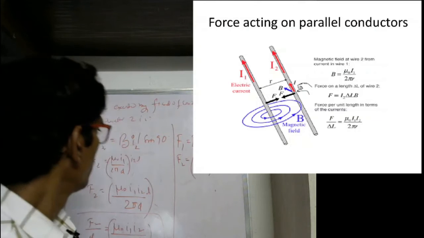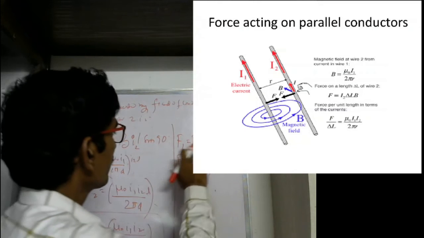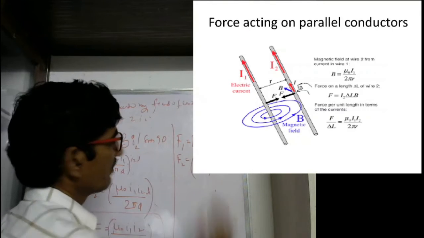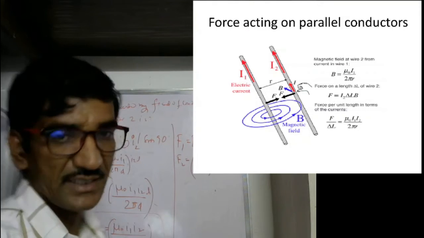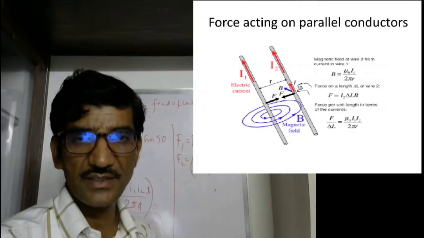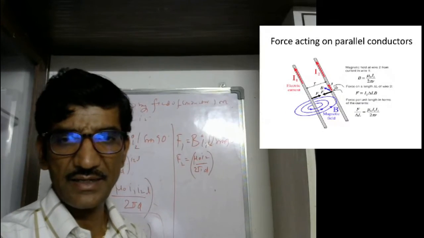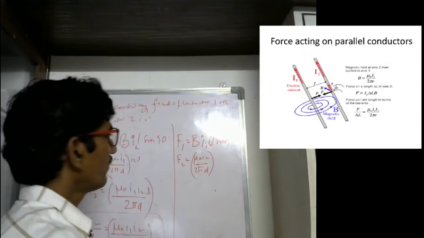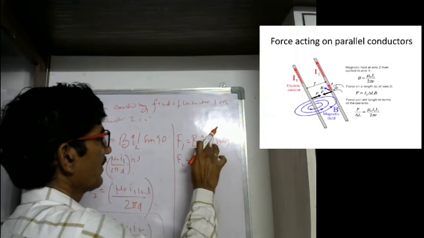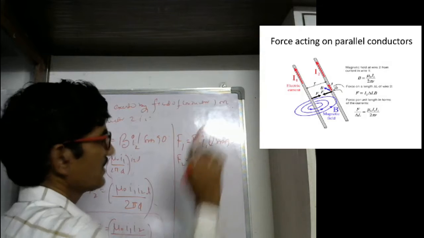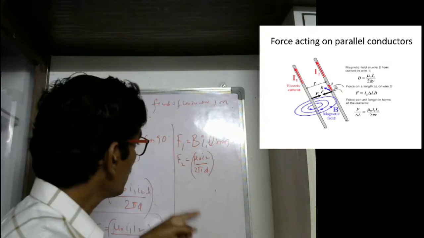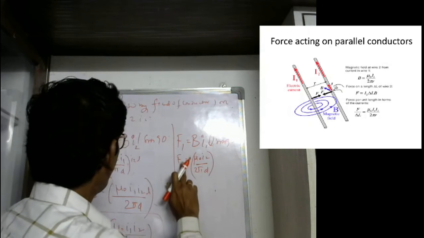Next, here, first conductor, now what you have to write here? B I1 L sin 90. Now you see, F1 is equal to B I1 L sin 90. Why? Because this is the force acting on conductor 1.